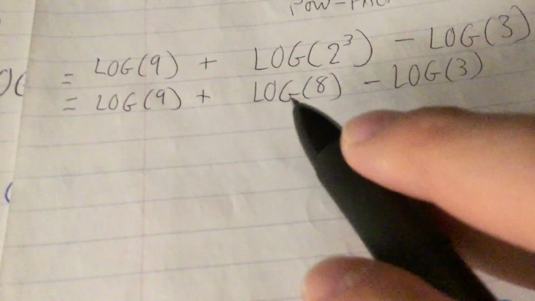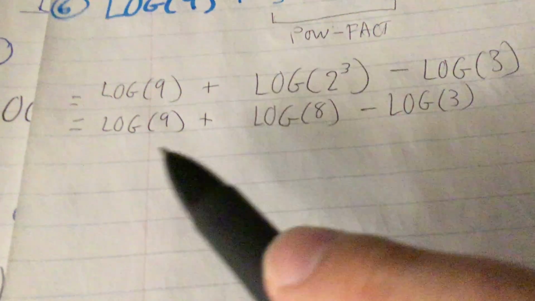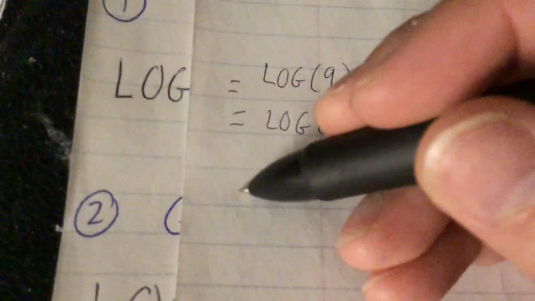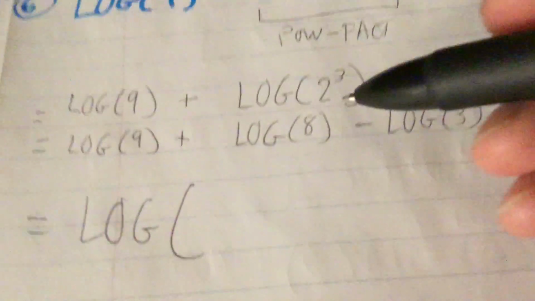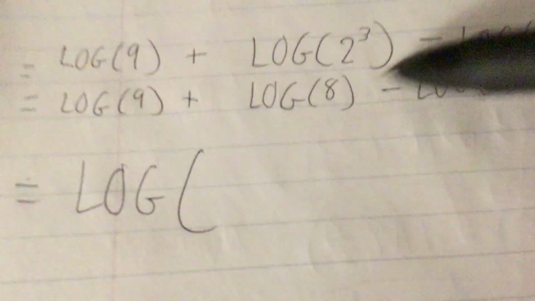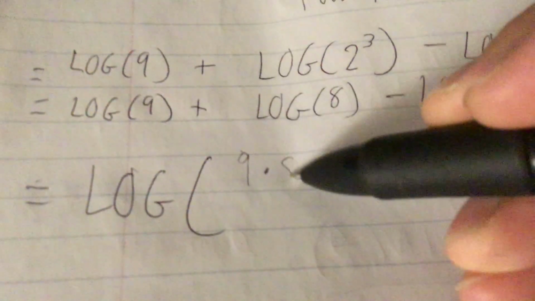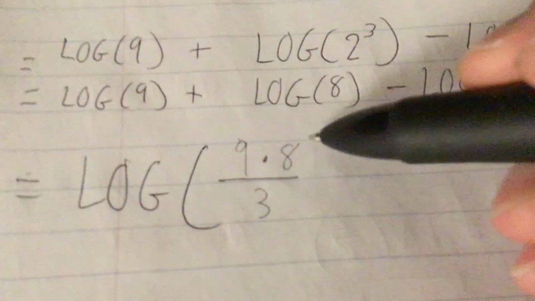I could do, hey, this is product sum, and this is quotient difference. But I like my idea of positives go on top, negatives go on the bottom. So let me just make this one neat little logarithm right here. Positive 9, positive 8, negative 3. So 9 times 8 goes on the top, and 3 goes on the bottom.